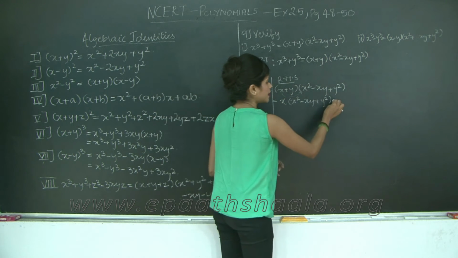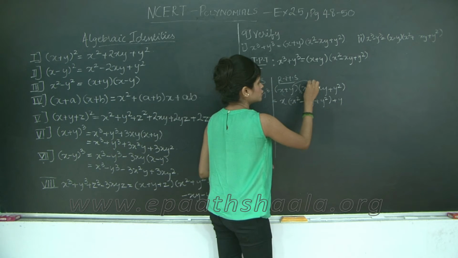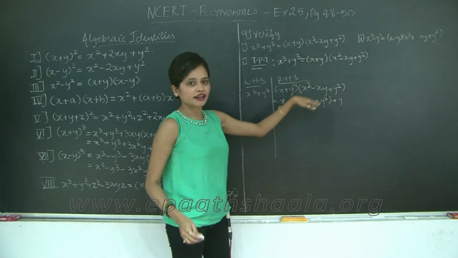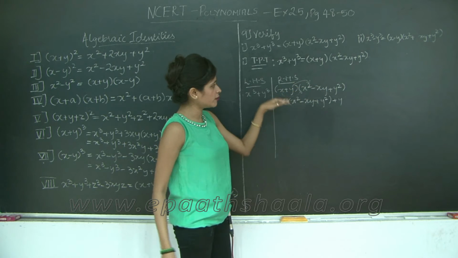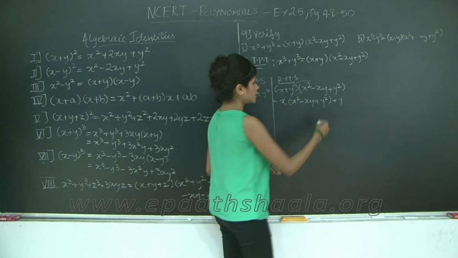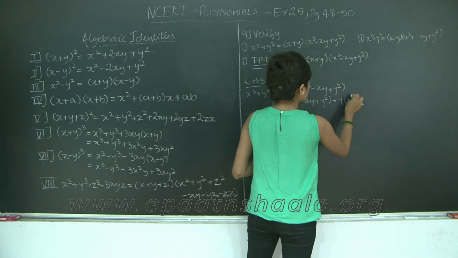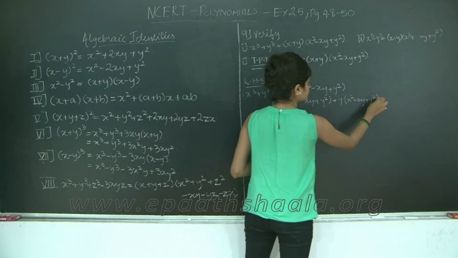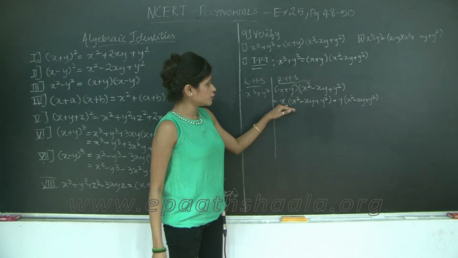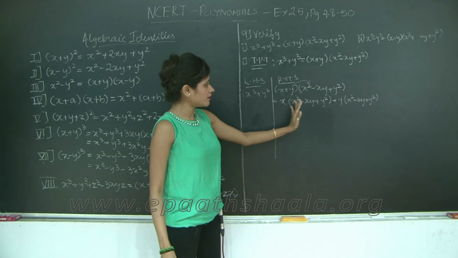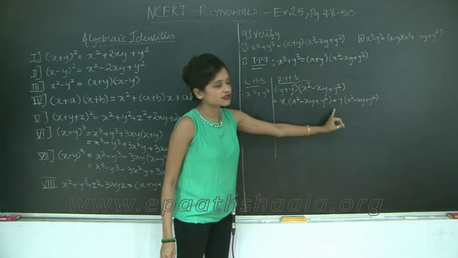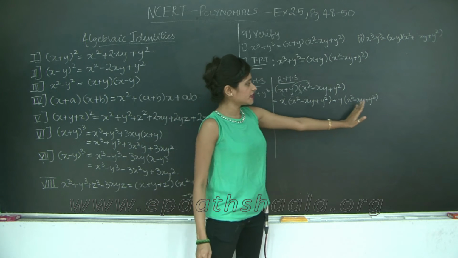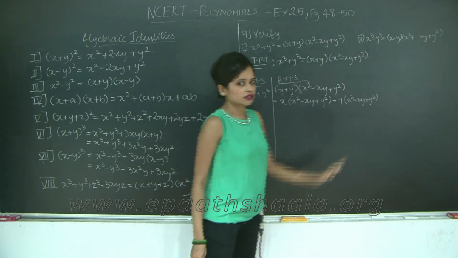So, I take my plus y and now I am going to multiply y with this entire bracket, not just x square. I have pointed it to x square, but it means the entire bracket over here. Okay? So, y into x square minus xy plus y square. Correct? Now, I am going to open this bracket and multiply x with each of these terms. Similarly, I will open this bracket and multiply y with each of these terms, right?